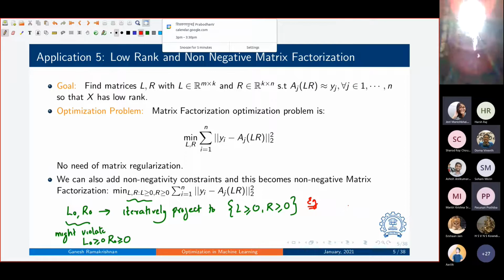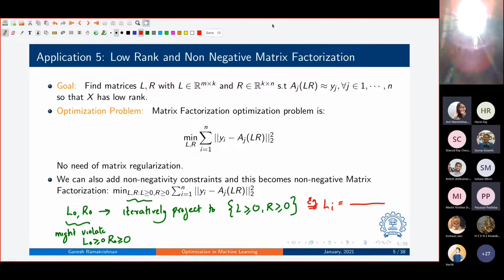How is it with respect to L naught R naught? So you can say Li is something like this; you'll have to do this for Li and Ri both. L and R will also have some orthogonality property. That's what we'll assume.